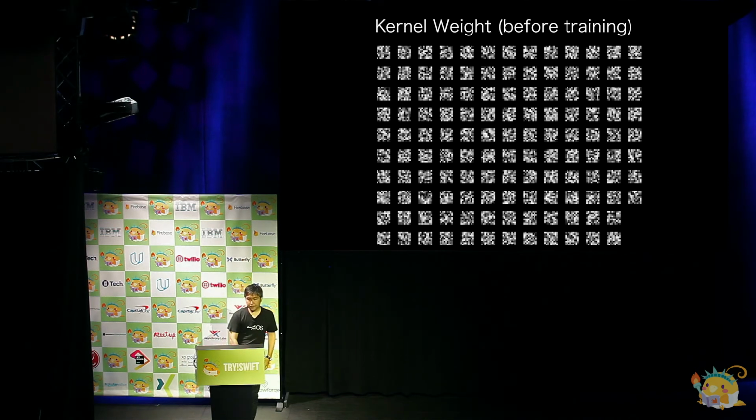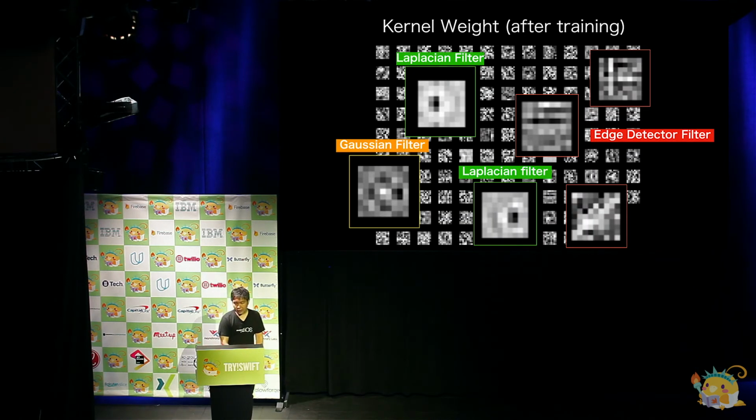For example, this is the weight of the kernel before training. The weights of the kernel are decided randomly, so it just looks like noise. After training for a while, the kernel weights change and start to look like this. They no longer look like noise. For example, this is similar to the shape of a Gaussian filter for image processing.